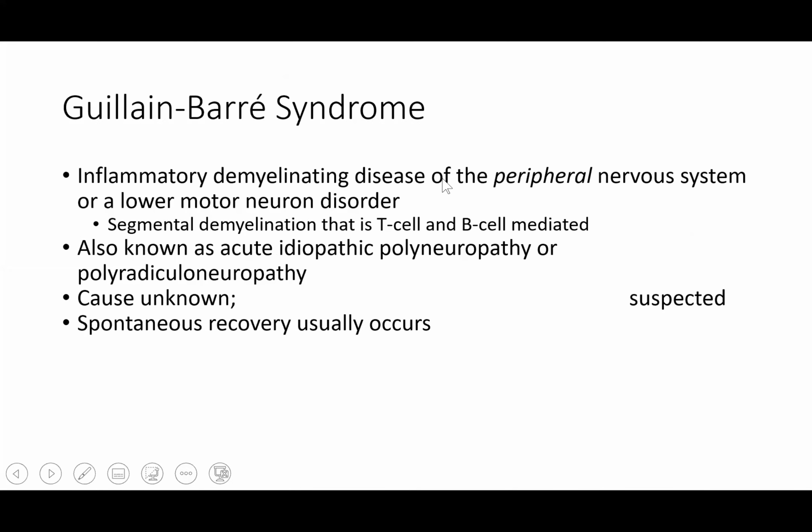Okay, Guillain-Barré syndrome is inflammation of the peripheral nervous system. This can be temporary or permanent. It can lead to demyelinating. So in my family, we do have a family history of Guillain-Barré.